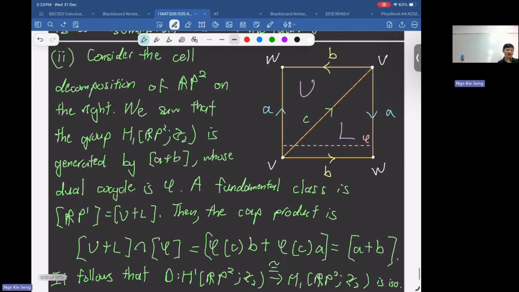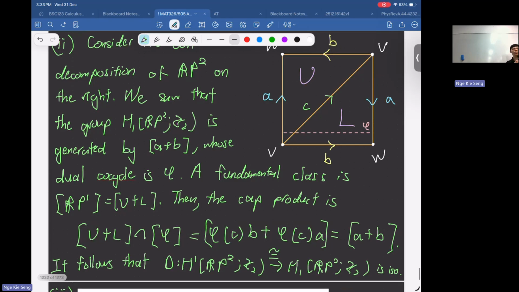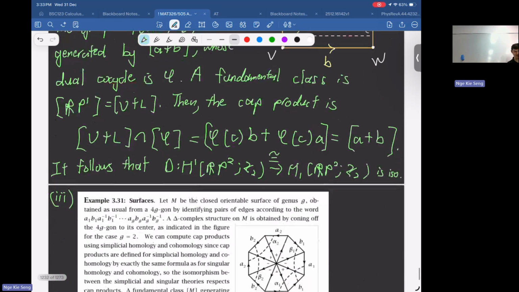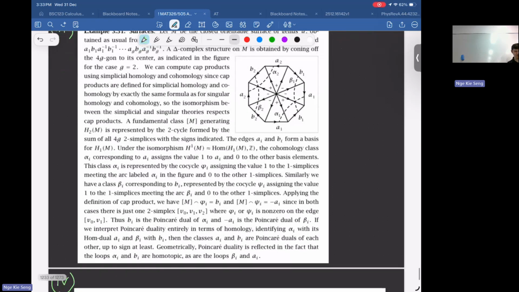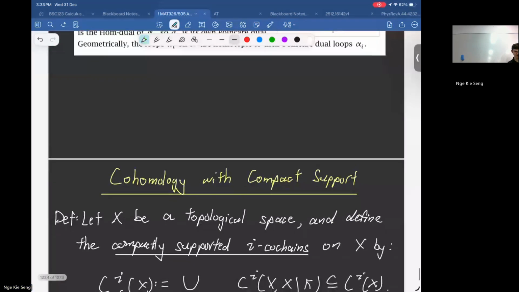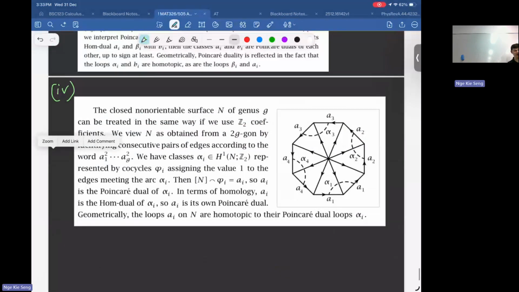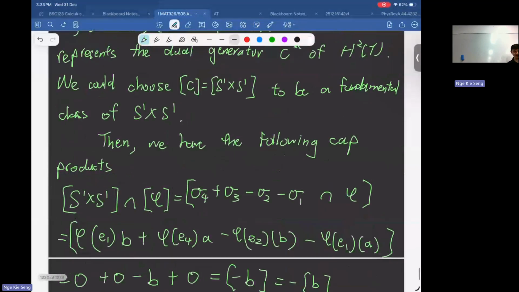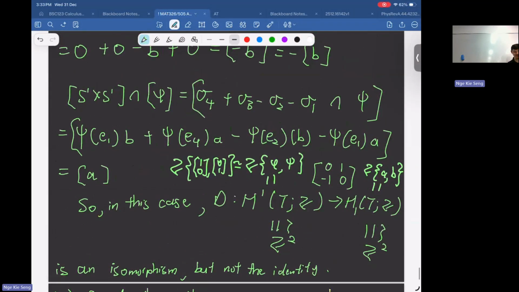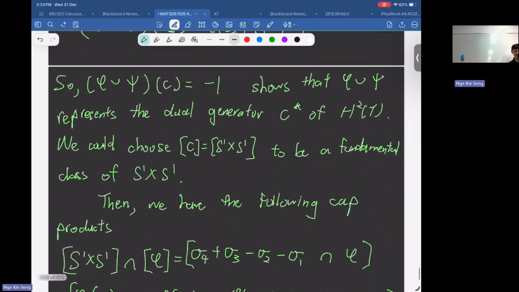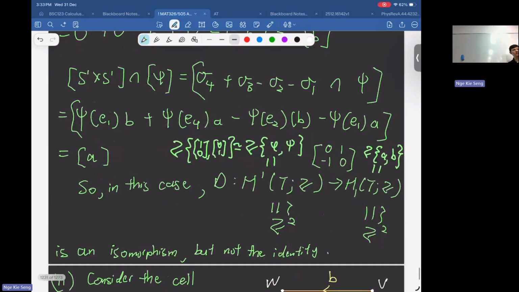But if you look at the RP2 case, the H1 here is just Z2. Okay, so it's an isomorphism. Actually, it's an identity. In textbook, I think they do it for higher genus. Okay, so far, any question? Can you see the isomorphism through this torus case in H1?